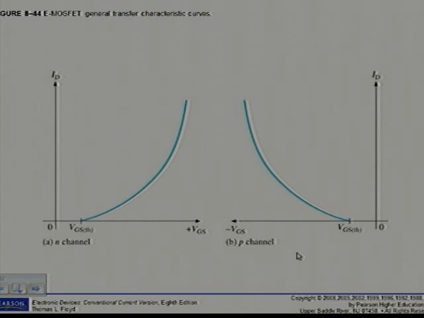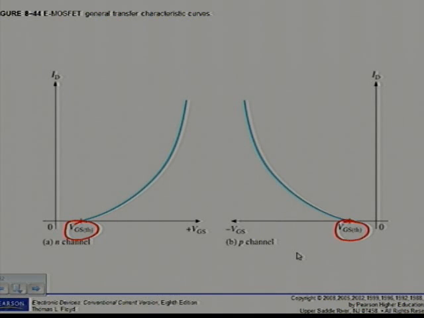Therefore, the E-MOSFET does not have a significant IDSS parameter, as do the JFET and, as a matter of fact, the D-MOSFET as well. Notice also there is ideally no drain current when VGS reaches a certain non-zero value called the threshold voltage, VGS threshold. You can see here in figure 8.44 in both cases.